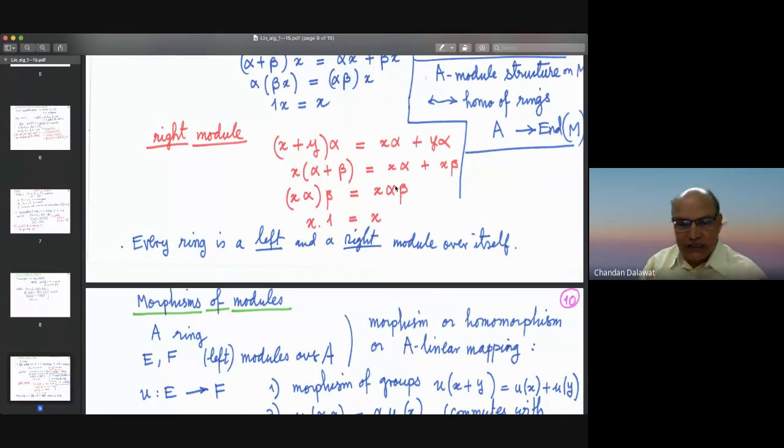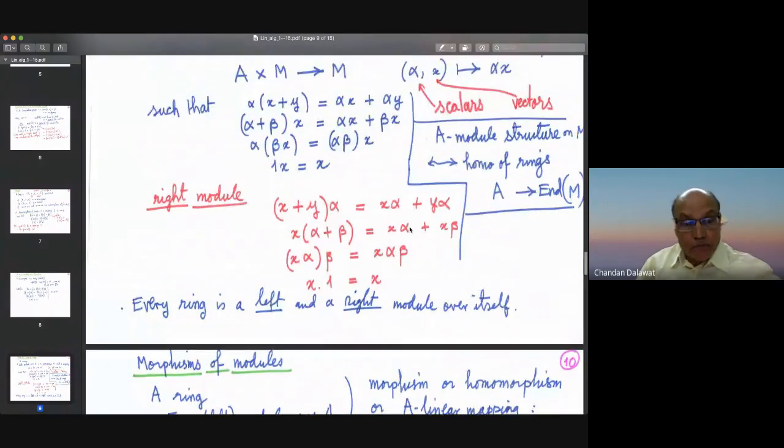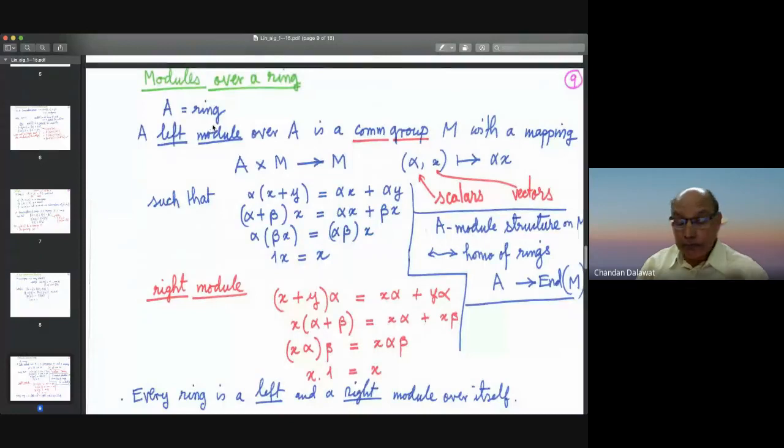So we work in this slightly greater generality of an arbitrary ring, which may or may not be commutative. And when we say a module over that ring, we will always mean a left module. This is just in order to fix ideas. The same theorems, of course, hold for right modules. It's easy to translate things back and forth. Okay.